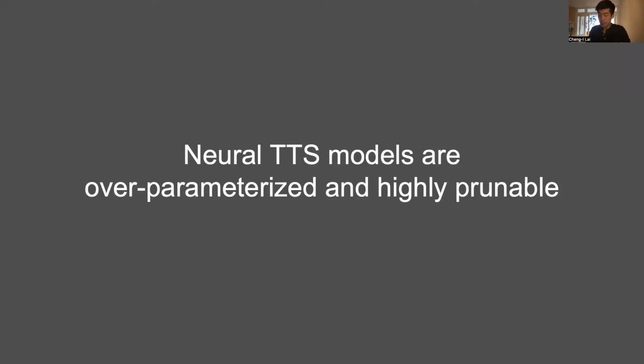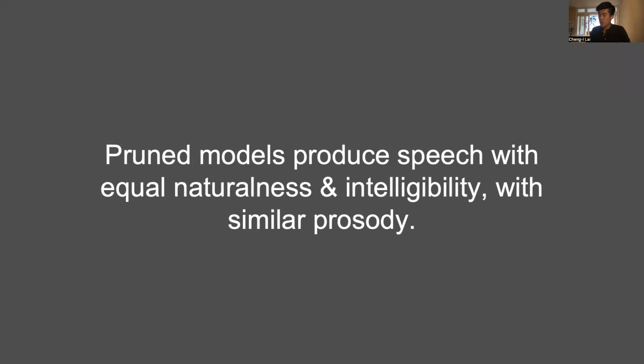With these experiments, we conclude that neural TTS models are overparameterized, and they are highly prunable with simple pruning techniques. We also verify that pruned models do produce speech with equal naturalness and intelligibility while preserving the prosody.